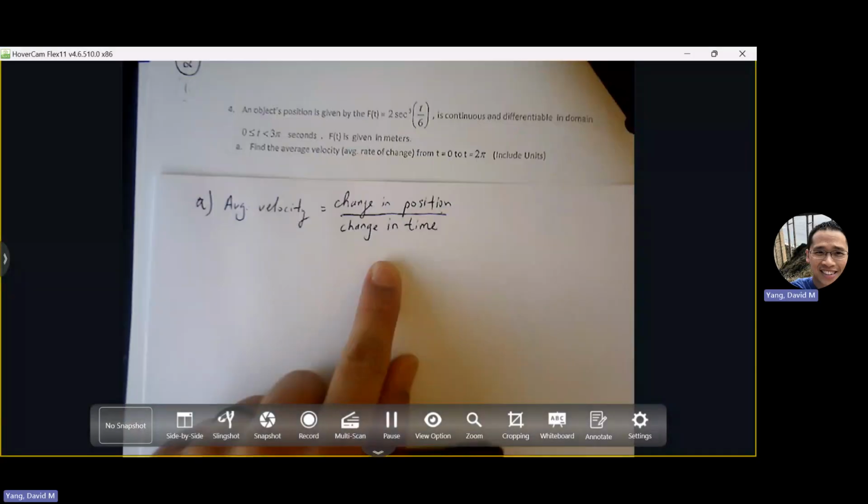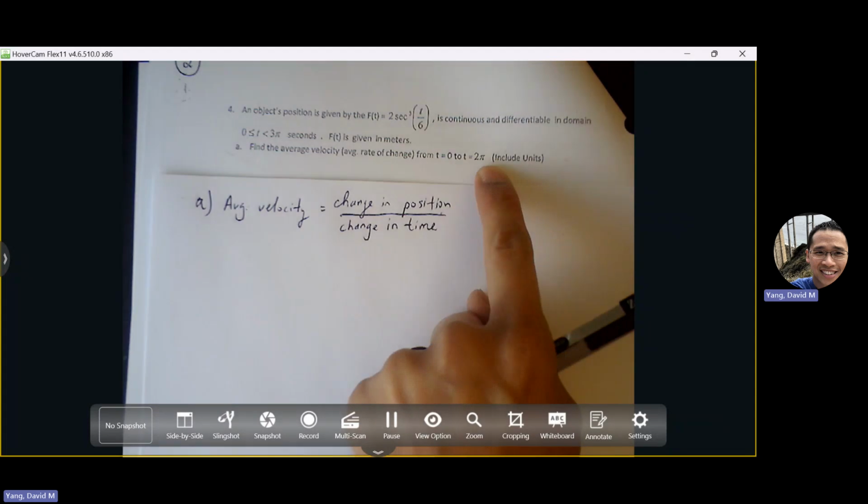We're just plugging in and finding slope. So I want you guys to try this by hand. Don't plug this in the calculator. Okay, give that a try. See if you can. You have your endpoints there, 0 and 2 pi.